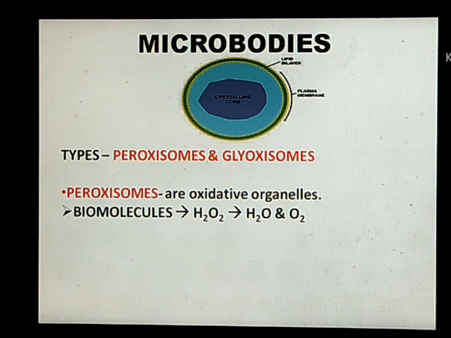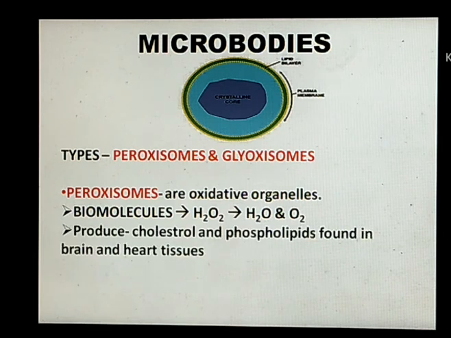Hydrogen peroxide is very harmful in the living cell. Therefore, it is very essential to break down this hydrogen peroxide into water and oxygen. Therefore, peroxisomes play a very important role in these cells.